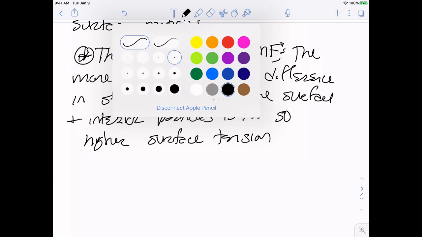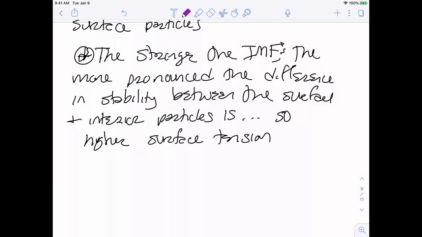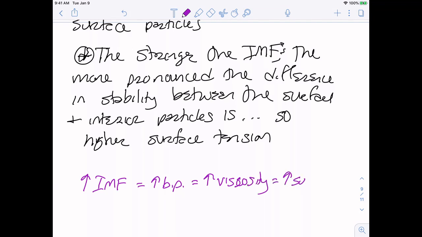So far we've had, if I have stronger, so I'm just doing an arrow up for stronger, higher intermolecular forces, I'm going to have a higher boiling point, a higher viscosity, and we're also going to have a higher surface tension.